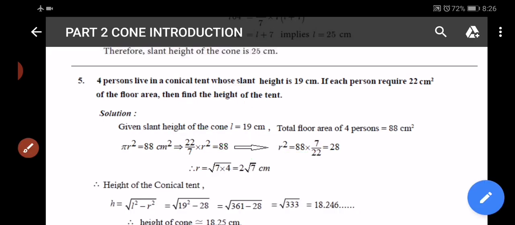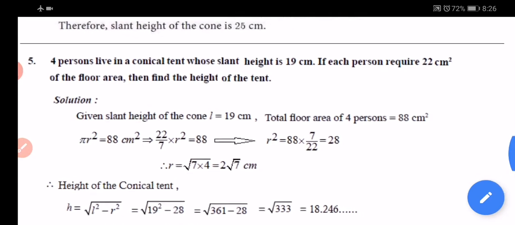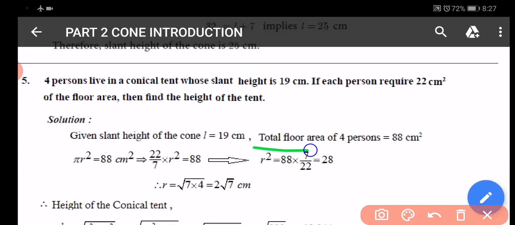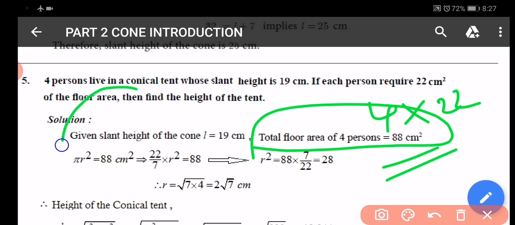That means the total floor area of the 4 persons is equal to 4 into 22. How much? 88 centimeter square. That means the base area is 88 centimeter square. That is the meaning.